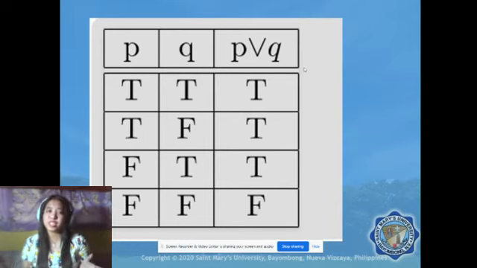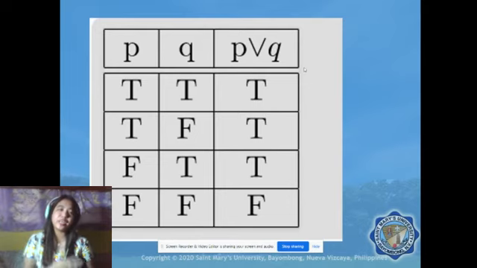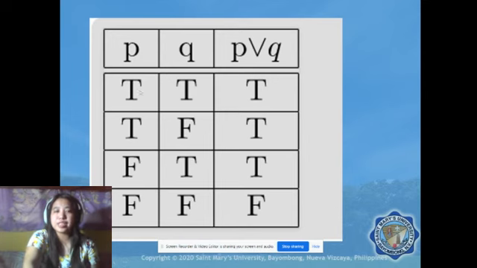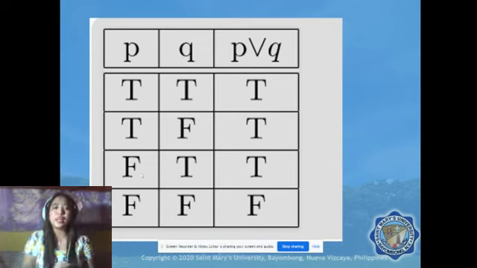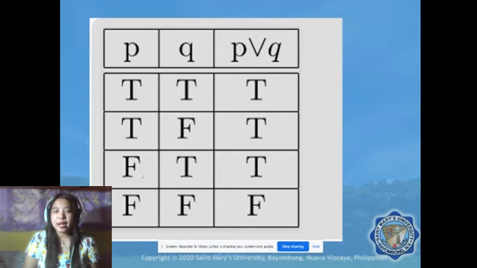What if, for instance, we have three statements, P, Q, and R? This table here has 4 rows only. For three propositions, we need 8 rows, because the rule is 2 raised to n, where n corresponds to the number of propositions.